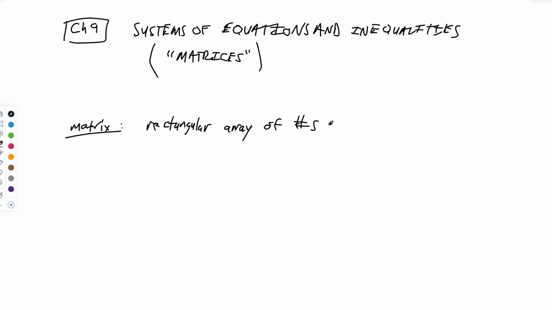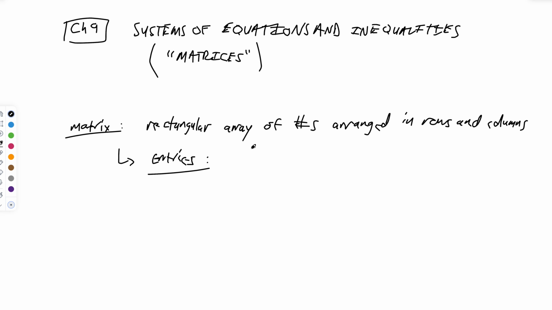Now, it is this array of numbers, but it is also arranged in rows and columns. Okay, so a matrix is a rectangular array of numbers, and it's arranged in rows and in columns. Not only that, a matrix has entries. Okay, so a matrix has entries, and these entries are just the numbers in the array.